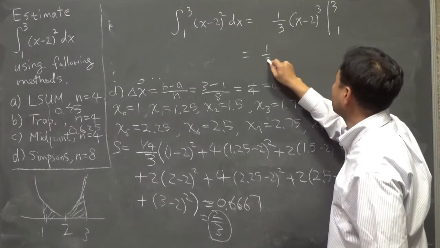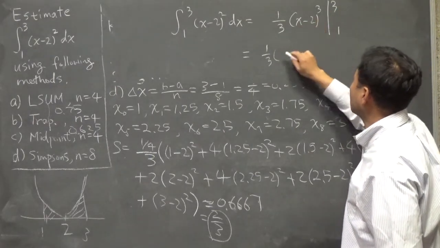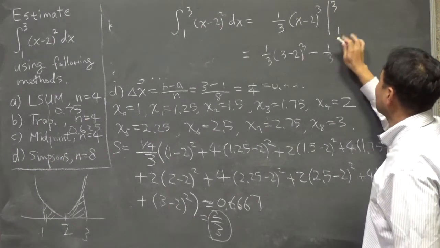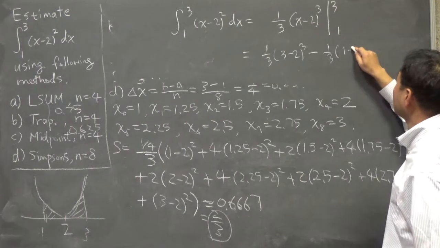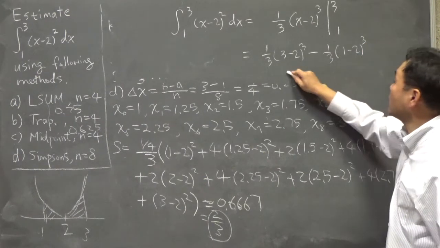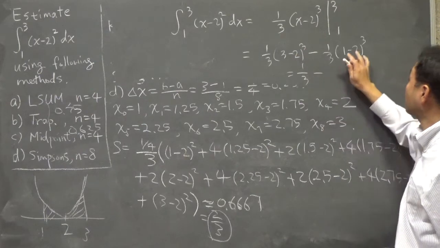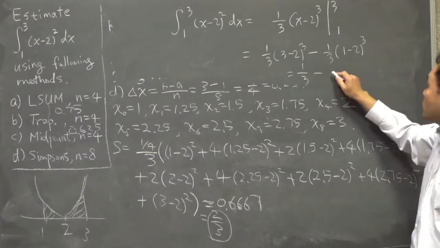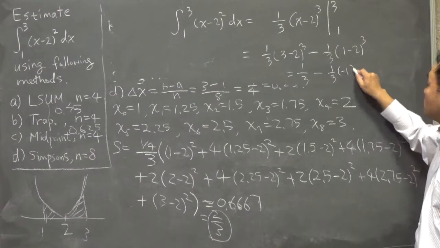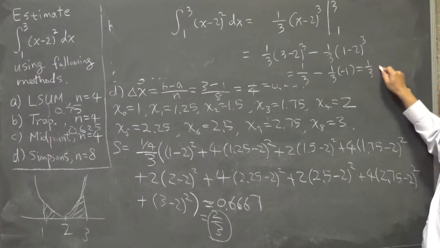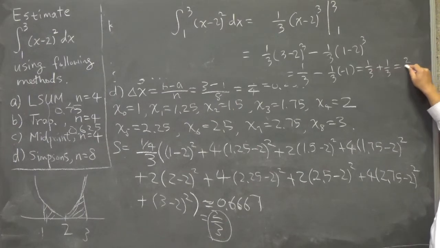And then if you plug in 3, you get 3 minus 2 cubed minus, and then you have to plug in 1, it's 1 minus 2 cubed. And this is 1 cubed, which is just 1, so it's 1/3. Minus negative 1 to the third power is negative 1, so it's like 1/3 times negative 1, but negative is positive, so you end up with 1/3 plus 1/3, which is exactly 2/3.